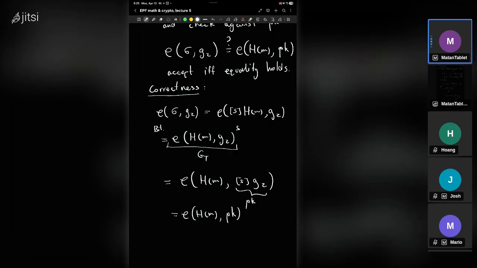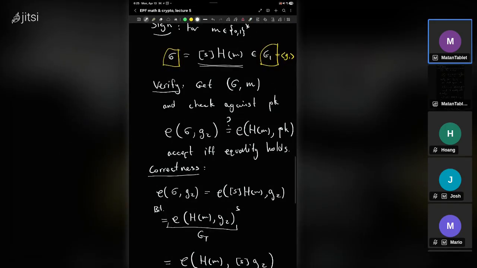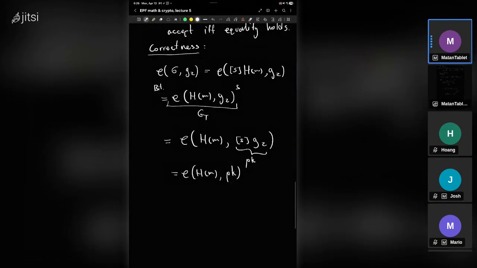H(M) I calculate myself. So the verifier gets sigma and M, and computes H of M. Implicitly this says that H must be public, or at least available to the verifier. And you see that by the properties of bilinearity, I get a valid signature.